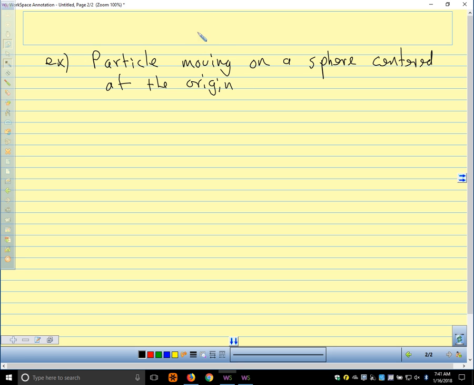I guess these are all true or false. So we have a particle moving on a sphere centered at the origin. So it's in a gravitational field and an electric, something like that.